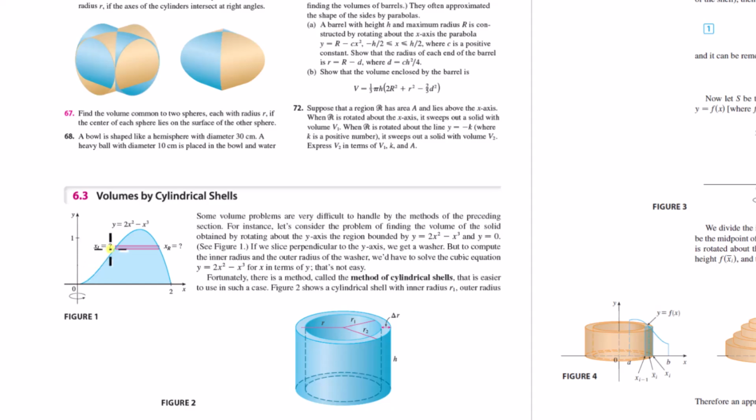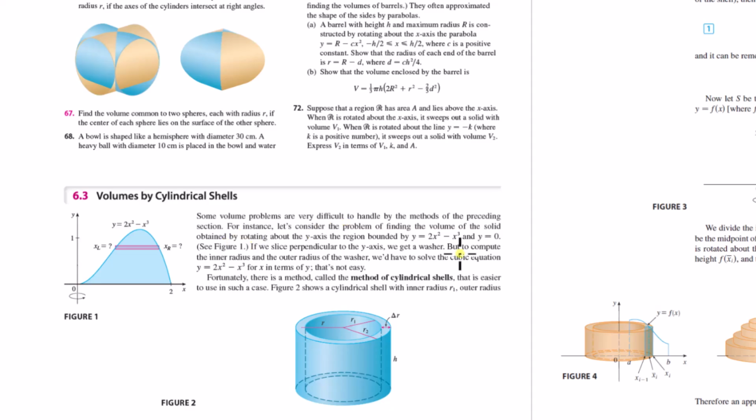This would be r outer, this would be r inner, and you do r outer squared minus r inner squared, times pi. That gives you the cross-sectional area at each point y, and then you'd multiply that by delta y. And there's your washer. That's how we found solids of revolution in the previous section.